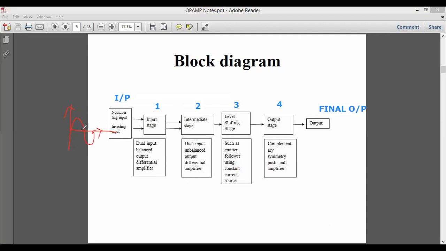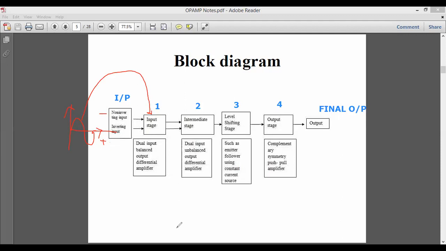Based on the connection of the op-amp, just as we have studied, whether it is connected to minus or plus, it will process the signal. This signal will be applied to block number 1, which is called the input stage. Now what is the input stage? The input stage is a balanced input and balanced output differential amplifier.